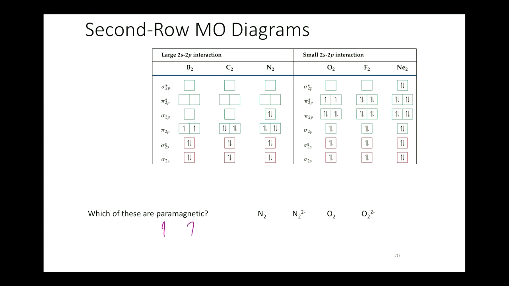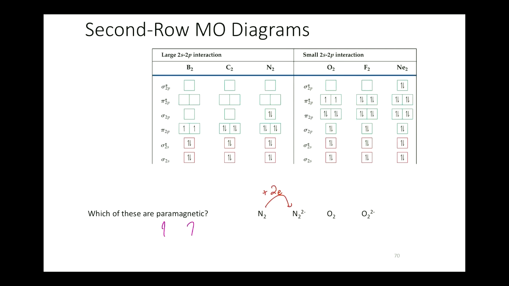Okay, so the strategy here is, there are two substances that are neutral, and those MO diagrams are already given, but we also give options for anions. So to draw the MO diagram for any of the anions, you start with the neutral compound and you just add electrons or remove electrons appropriately.